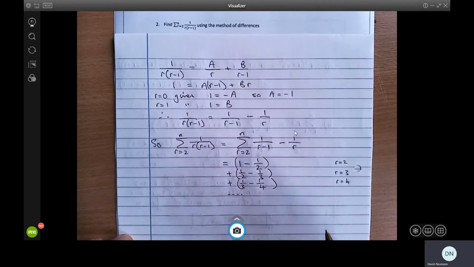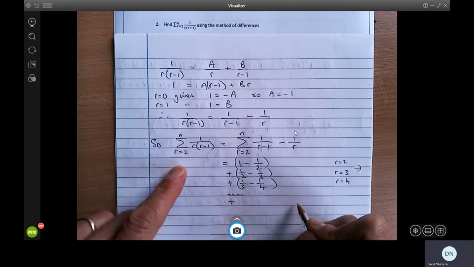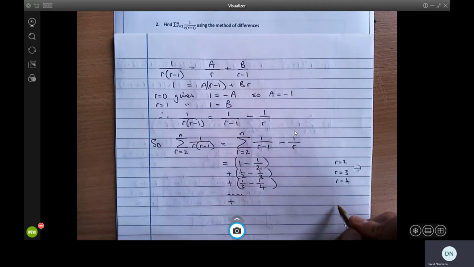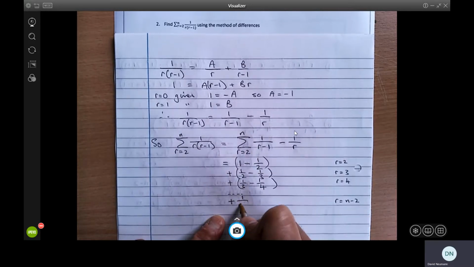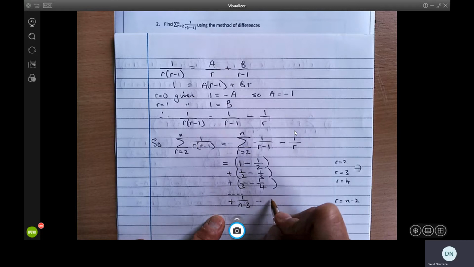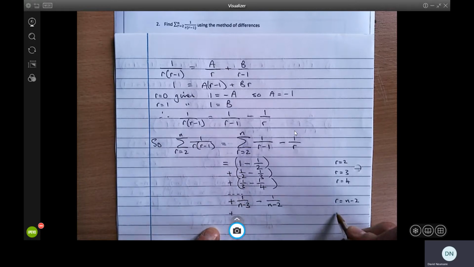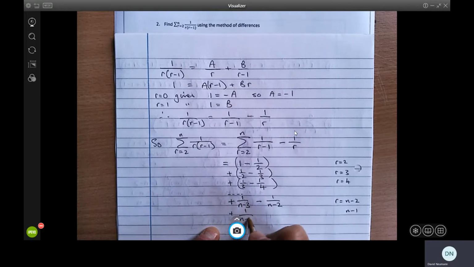So we're going to keep going now. And then we're going to get, plus, let's put in r equals n minus 2. So we're going to get 1 over n minus 3 minus 1 over n minus 2, plus, n minus 1, we're going to have 1 over n minus 2 minus 1 over n minus 1.